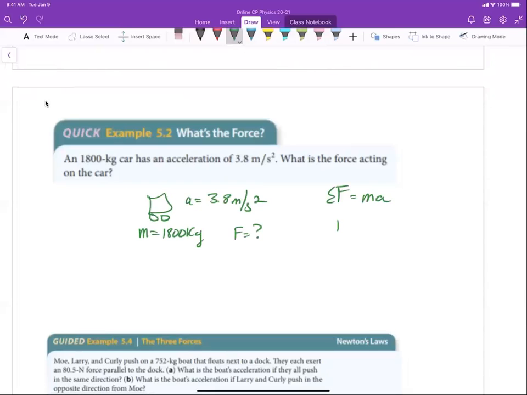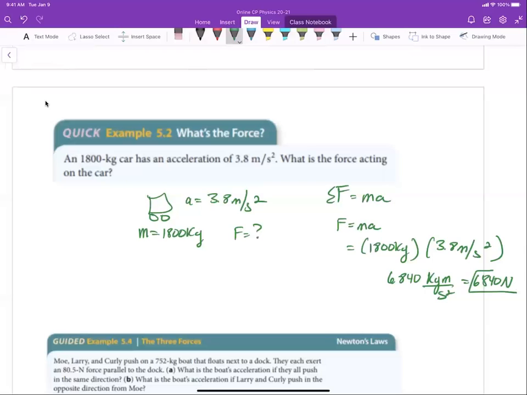And so I know F is equal to ma. And I was told the mass, which was 1,800 kilograms, and the acceleration is 3.8 meters per second squared. I would multiply 1,800 times 3.8, and I get 6840, and that is in kilograms meters per second squared. How about 6840 newtons? That is your answer.